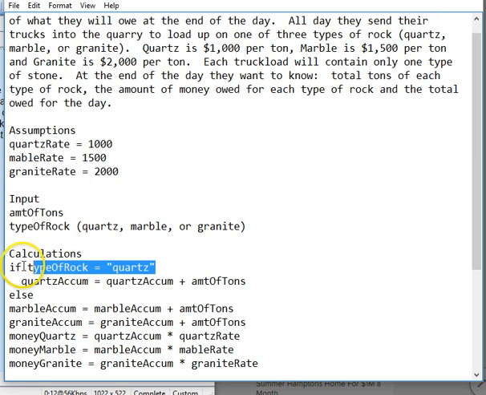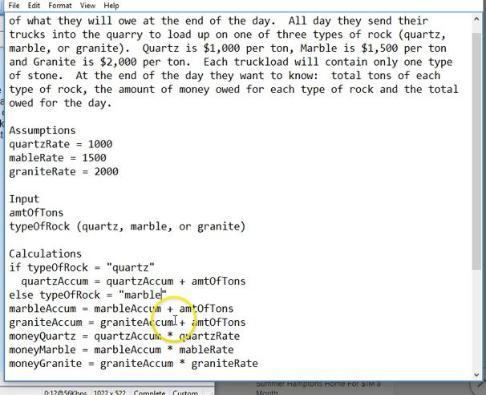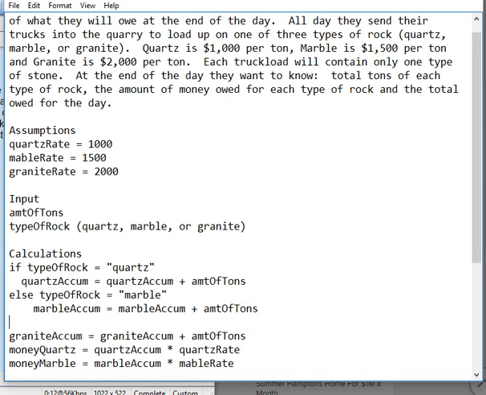All right, so I'll go ahead and copy this, paste it here, and then this one is going to be marble. And we'll move this over. And this last one, you could say it could be else, but we're going to make it another else if.